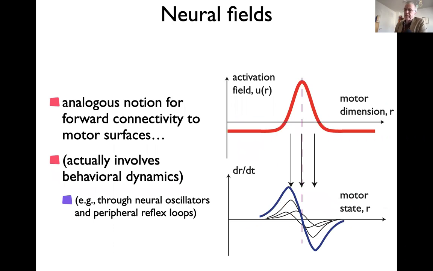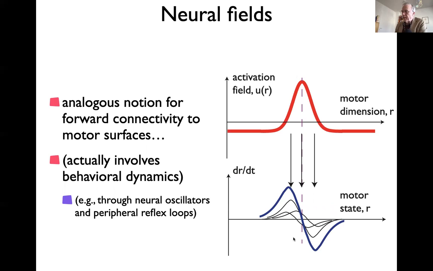Good. So that's sort of the sensory side of it. You could think that there would be a very analogous way of thinking about the motor side of things. So let's say you would have some peak in a field in some brain area, let's say motor cortex, and I'll show you examples of that later. And then you could say if they are connected in some way to the musculature in a systematic way, then maybe if I have a peak at a location that corresponds to a certain motor behavior, maybe a certain postural state or a certain movement state out in the periphery.